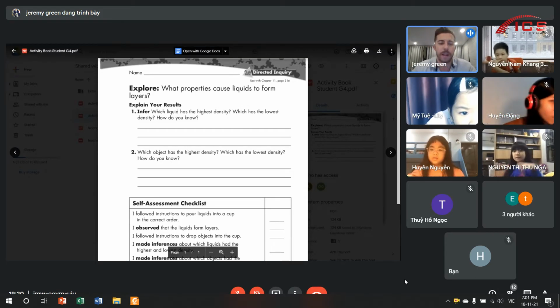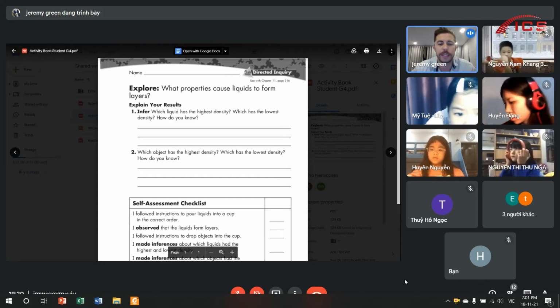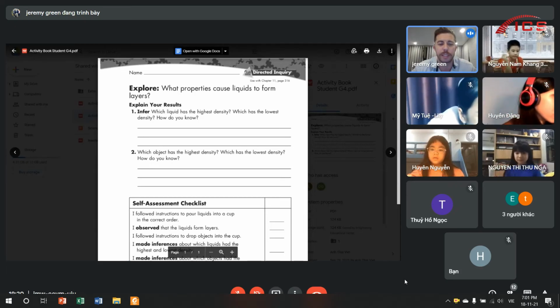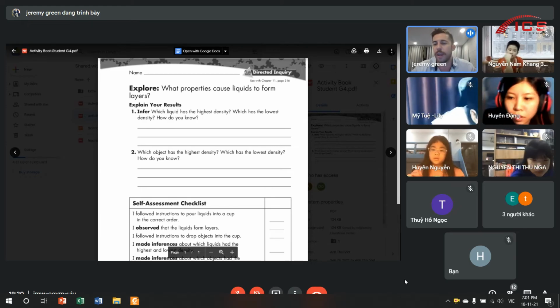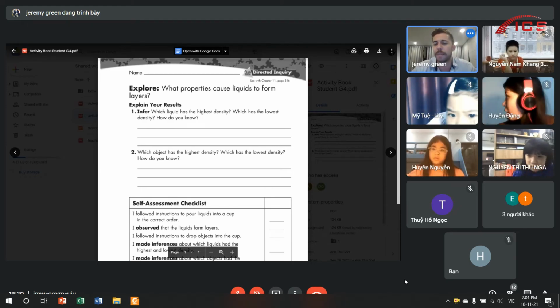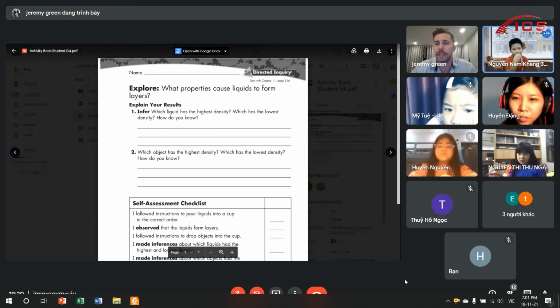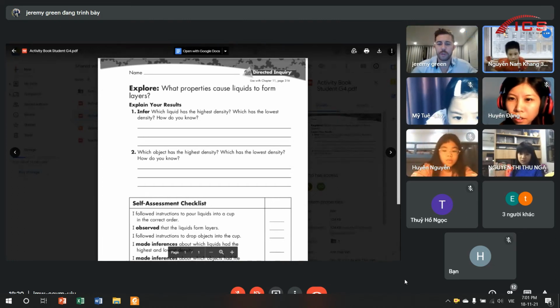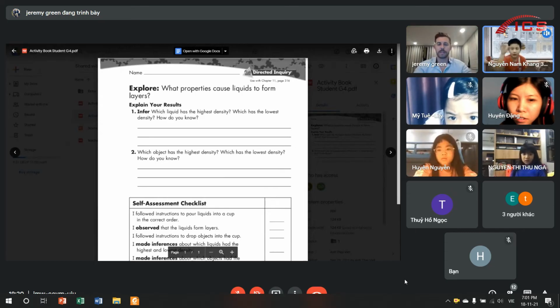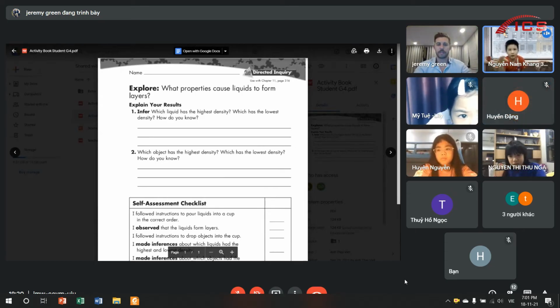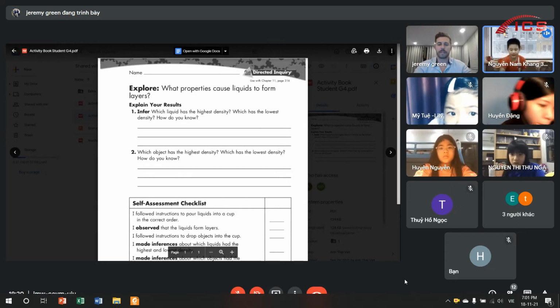Now, everyone, which object has the highest density and which has the lowest density? Okay, which object? So we had the paper clip, the styrofoam, and the piece of rubber band. The paper clip has the highest density because it sank right to the bottom.